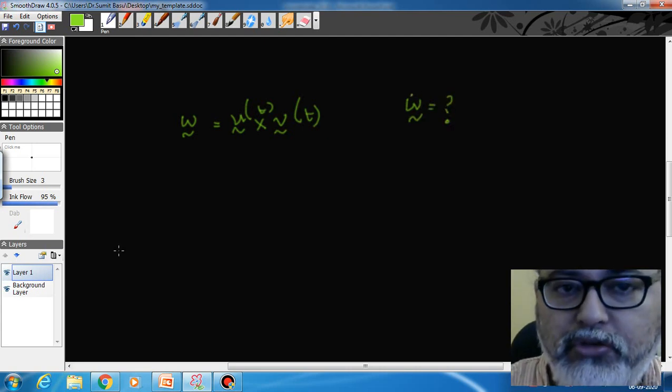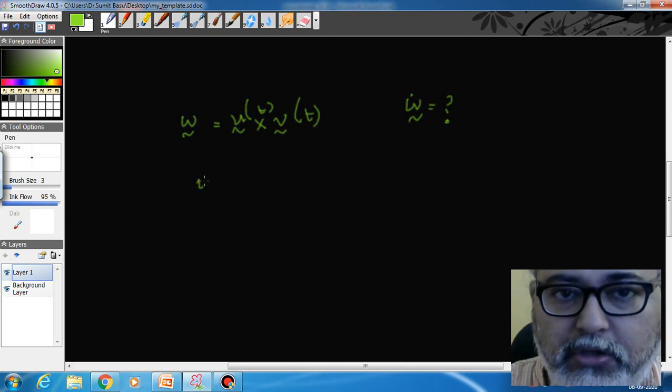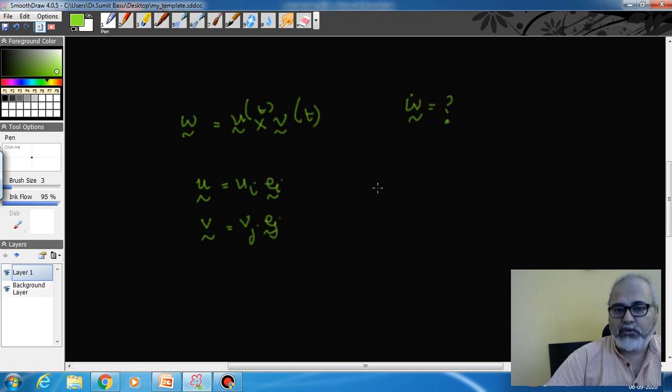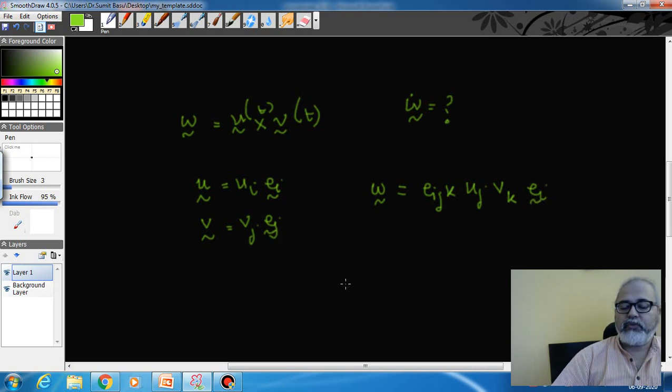Obviously u can be written as ui ei, v can be written as vj ej, and we know that omega can be written as epsilon ijk uj vk ei. This is how we write the cross product.